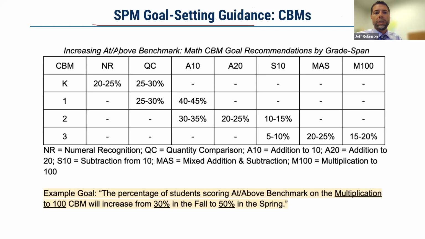If we look at increasing at or above for math, it's the same concept. Here are the percentages for the different math CBMs. An example here, if we're looking at multiplication to 100, and the class had 30% who scored at or above in the fall, you could pick anywhere from 15 to 20%. So if the teacher says, I want to increase it by 20%, 30 plus 20 is 50, and that's how you would get the goal.